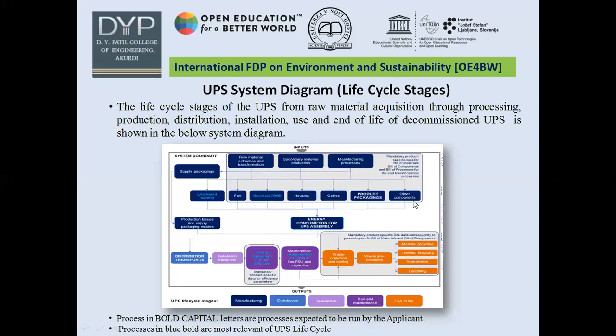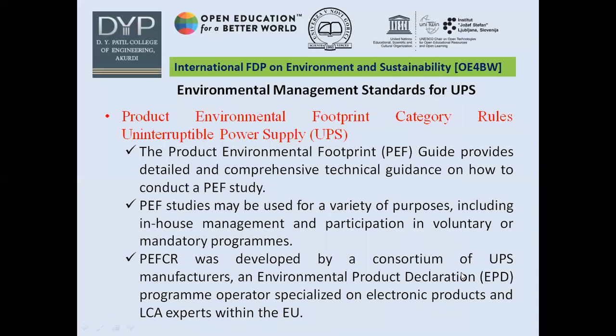So also this needs to be evaluated, how it is recycled, reused, or how it is decommissioned. So what is the carbon output part here in this section, that also needs to be evaluated. So keeping this in view, a few guidelines have also been developed by the major manufacturers.